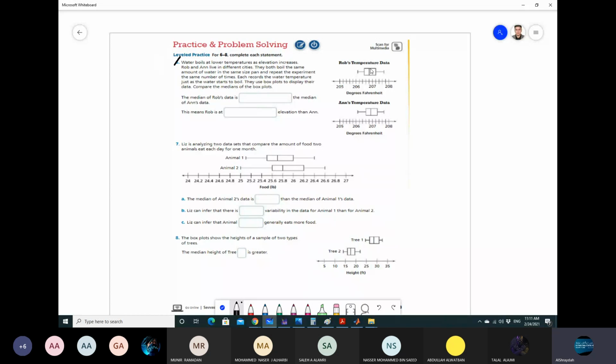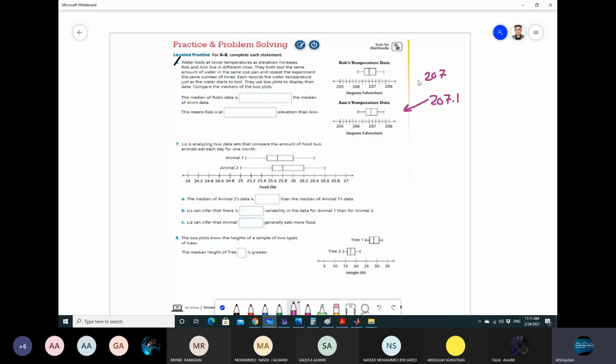Here, look, we have the median, and we have here the median. The median is 207 here. Look here, the median is 207, 205, 206, 207. So the median here is 207, and the median here is 207.1.